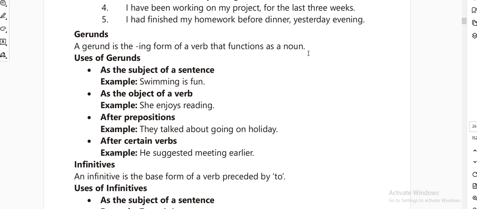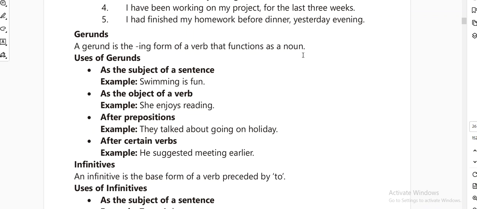They seem or look like verbs, but actually they are used as nouns. For example, if I say I was swimming in the pool, the word swimming has ing, but it is not a gerund, because in that sentence it is working as a verb.